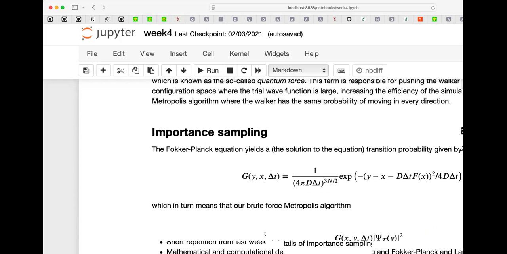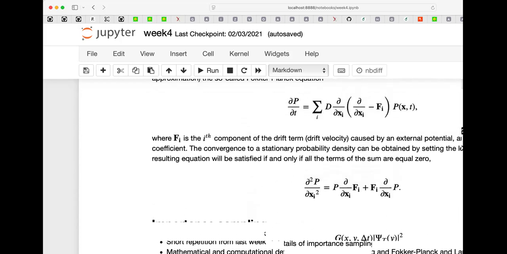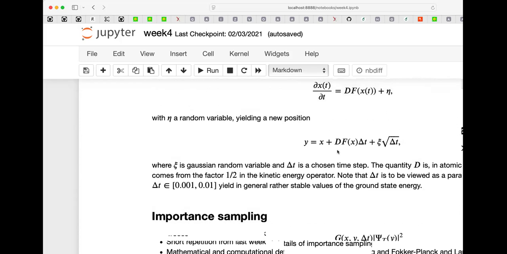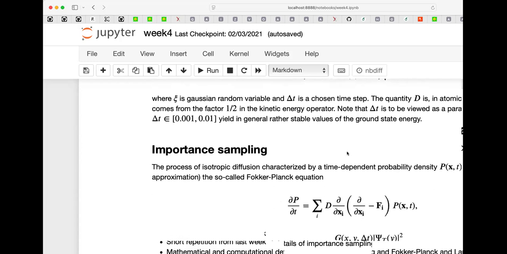This is a brute force test where we let the random walker, if we look at the equation here, jump with a constant multiplied with a random number between minus 0.5 and plus 0.5, because we wanted to jump between minus x and plus x, or minus y to plus y, etc.